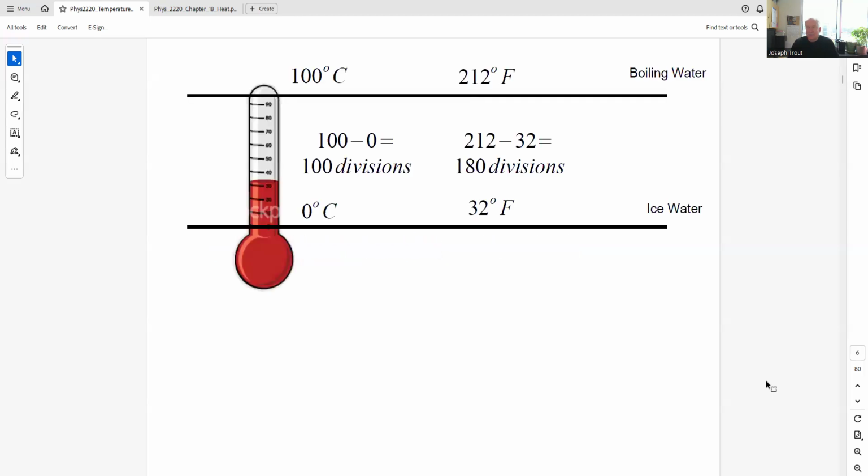We already talked about temperature scales. We said that Celsius and Fahrenheit are both based on the freezing and boiling point of water. So we take a device and a liquid that expands when it's heated, and we make a thermometer. We put it in ice water and mark that as 0 degrees, and put it in boiling water, mark that as 100 degrees, and then put 100 divisions between them.